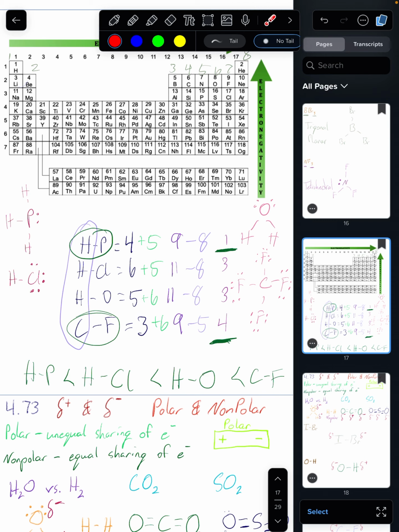Okay? I know it's much more confusing that way. And that is why I like the little number trick I got taught. Because it made so much more sense. Okay? And it's basically just rating where it's at on the table. And that's what helps with it.